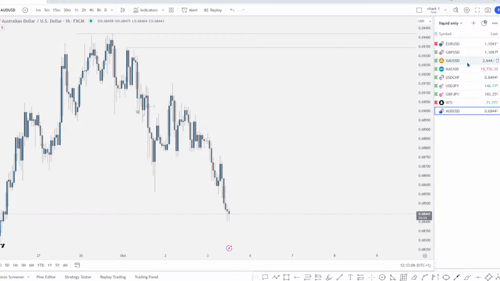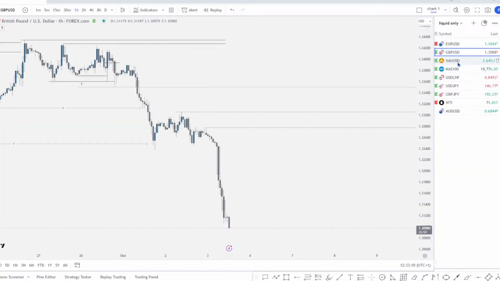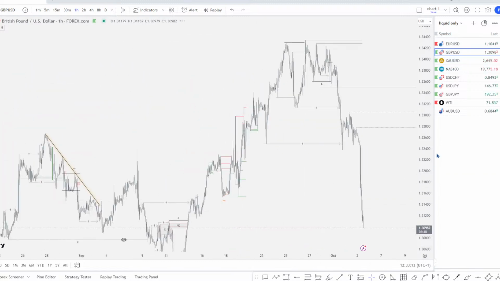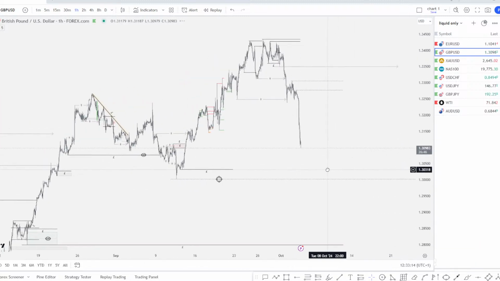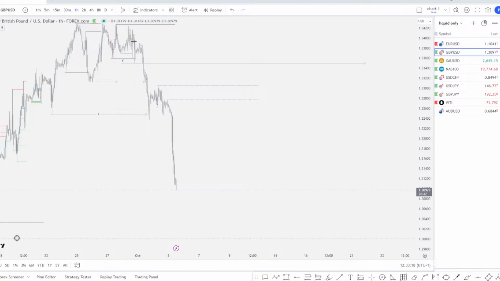See what's euro, gold. GU is just on an absolute plummet right there. See what triggered that. Is there something that's triggered that? Libya to resume oil production today.